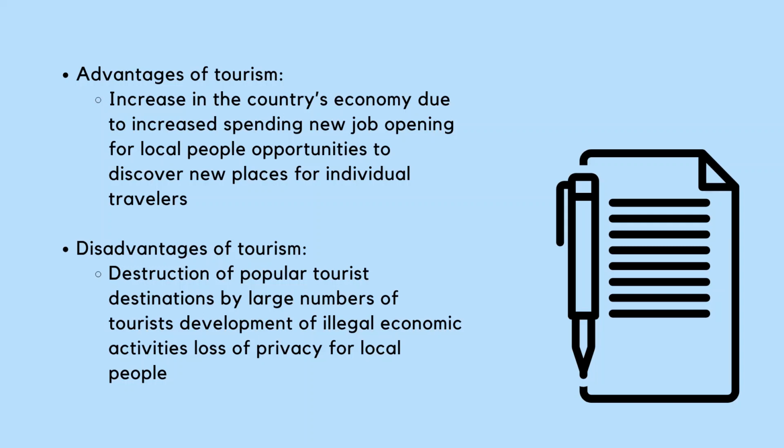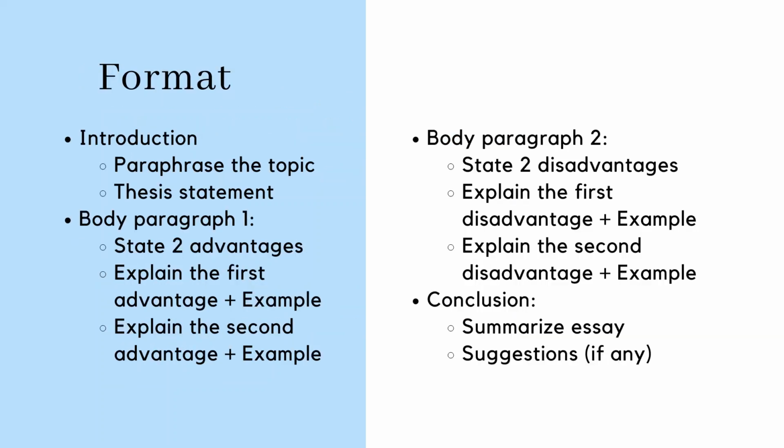The second step is to learn the format again. The first thing in the essay is introduction. In the introduction, you first paraphrase the topic, which means you write the topic in your own words. Then you write the thesis statement.